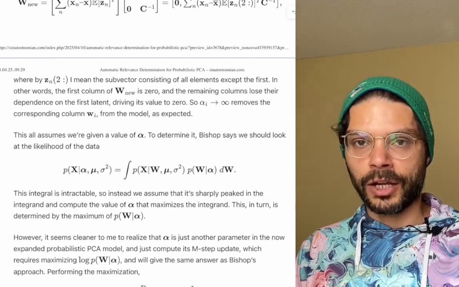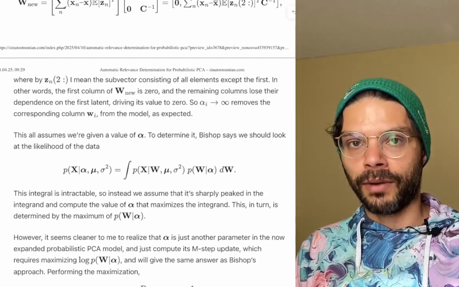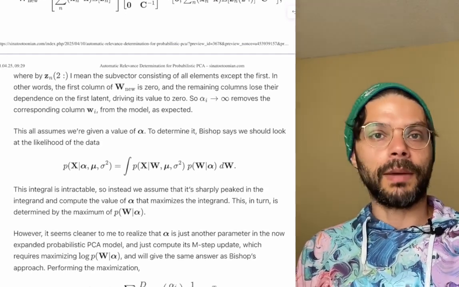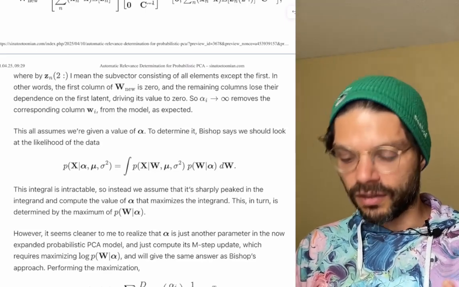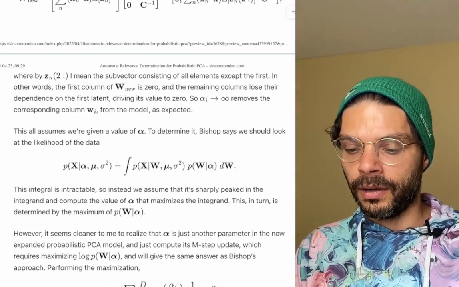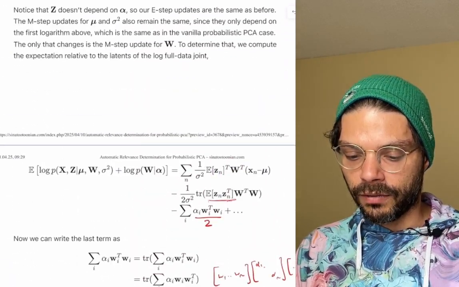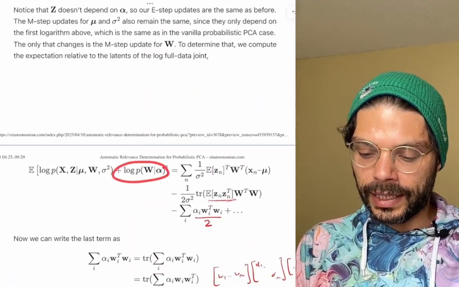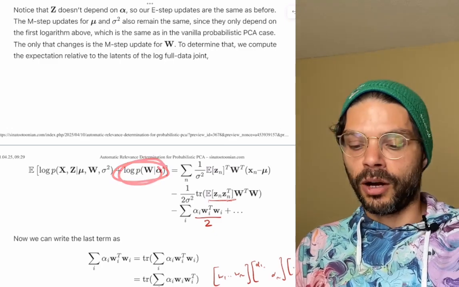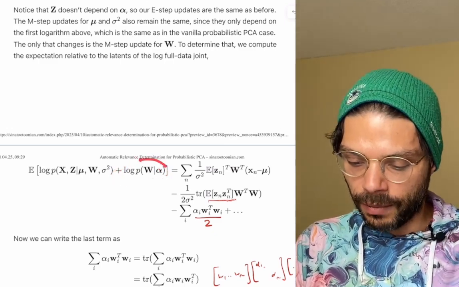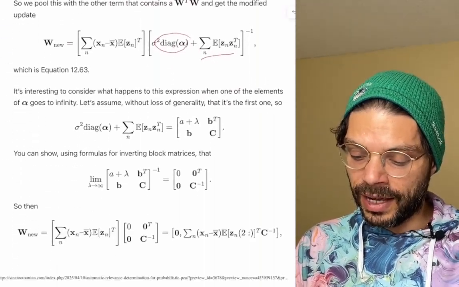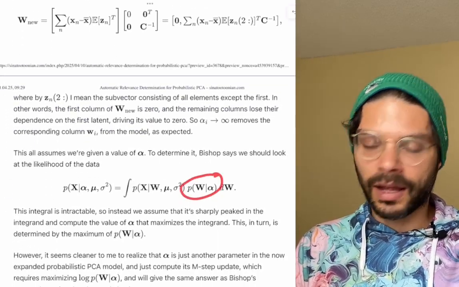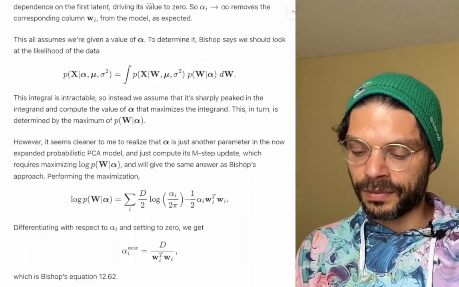Okay, and that gives the formula in the book, but I don't think we need to do this because we can just do EM, right? We're doing EM, so why not just do an M-step update for alpha as well? It's also a parameter. And so if we look at that expectation of the log joint, alpha only shows up in this term, right? So when we maximize it, it actually is the same as maximizing this. So we're going to get the same answer basically. So let's just do that.